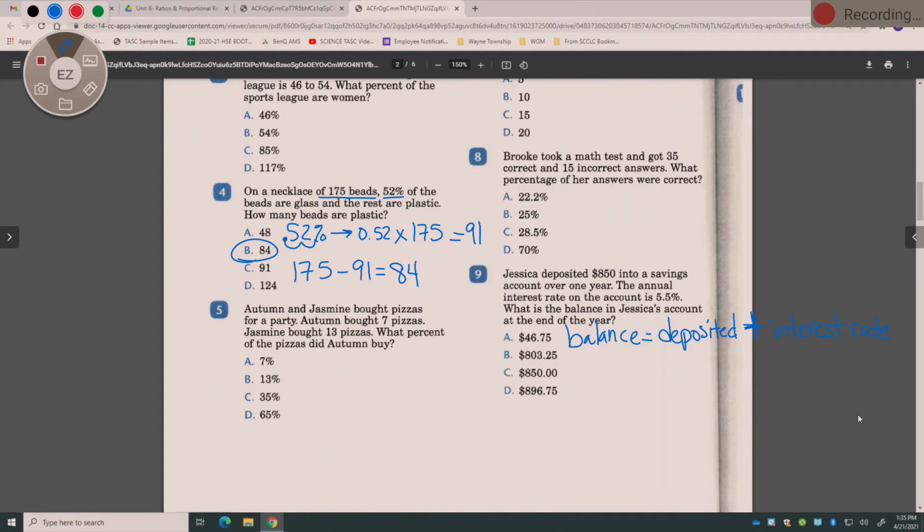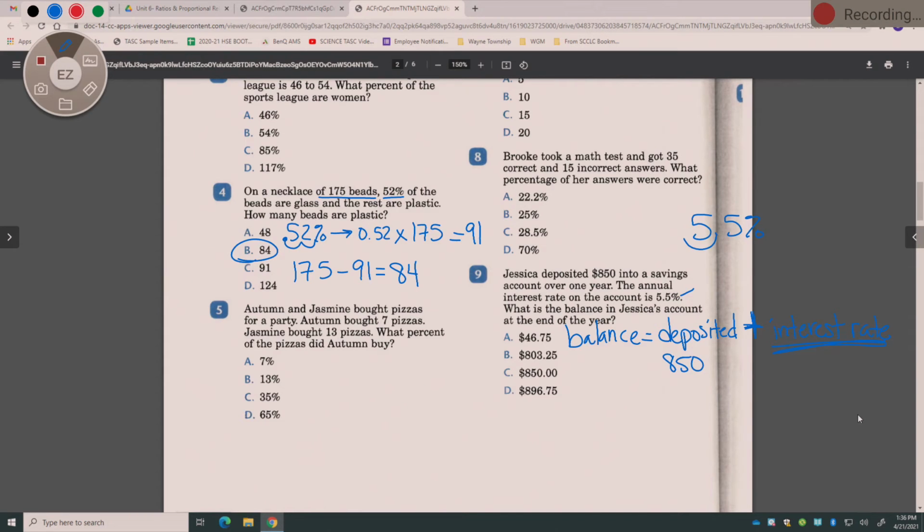Well, we know that Jessica deposited $850. So we just have to figure out what her interest is. Her interest is 5.5% of $850. So again, we take this 5.5% and we turn it into a decimal.